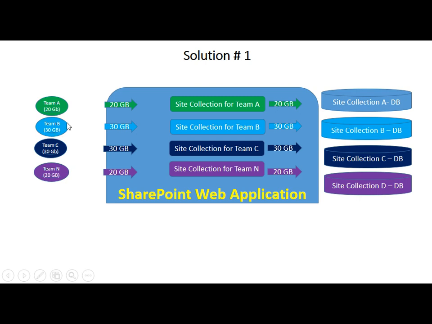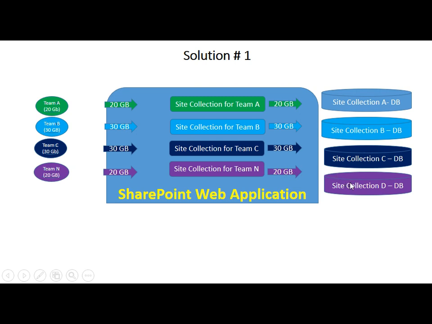If team B wants to save 30 GB of data, it will save it in the database of site collection B, and the same for site collection C and site collection D. So 20 GB will be saved here, 30 GB here, 30 GB here, and 20 GB here.